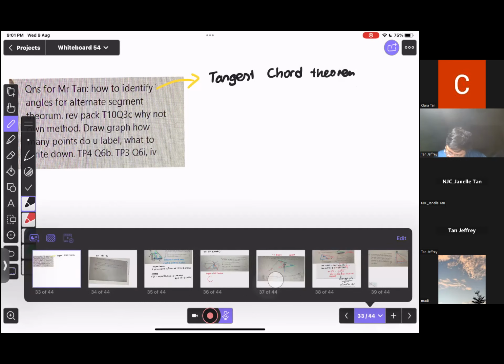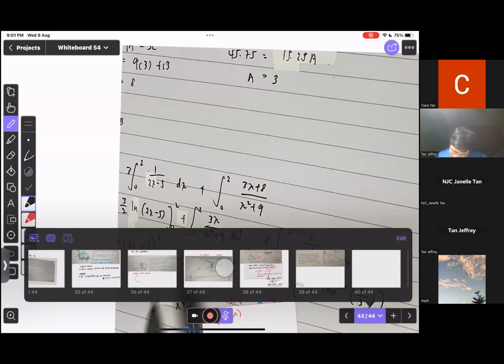Sounds fair? Let me find something I used yesterday.